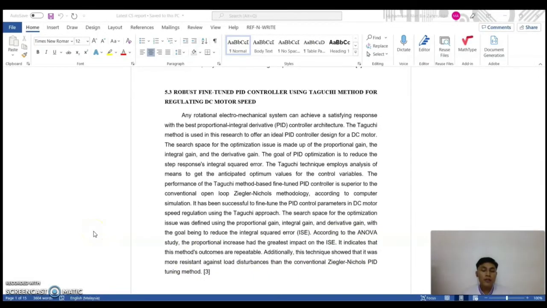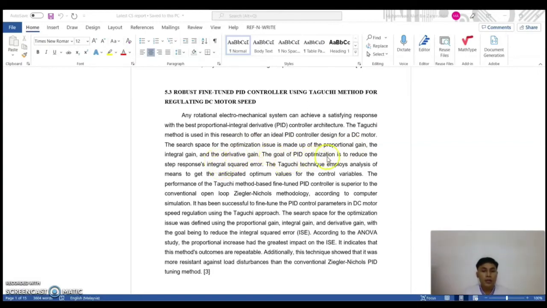The next literature review is the robust fine-tuned PID controller using the Taguchi method for regulating DC motor speed. Any rotational electromechanical system can achieve a satisfying response with the best proportional integral derivative PID controller architecture. The Taguchi method is used in this paper to offer an ideal PID controller designed for a DC motor. The search space for the optimization issue is made up of the proportional gain, the integral gain, and the derivative gain.